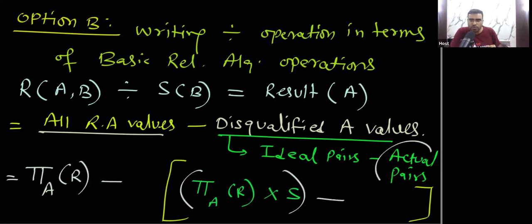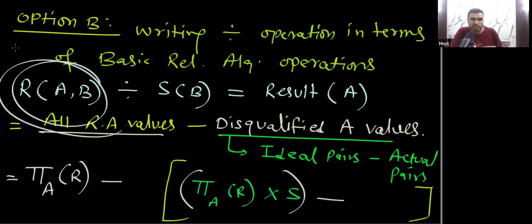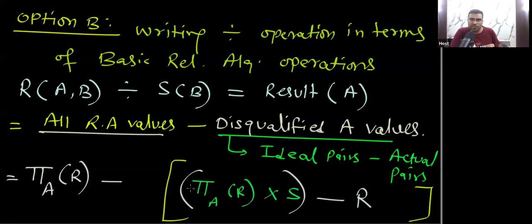Minus, what are the actual pairs? This R itself is the actual pairs. Yes or no? Then you select A values. These are the disqualified A values, because I want disqualified A values. So very simple: all A values minus disqualified A values. This is your division query.